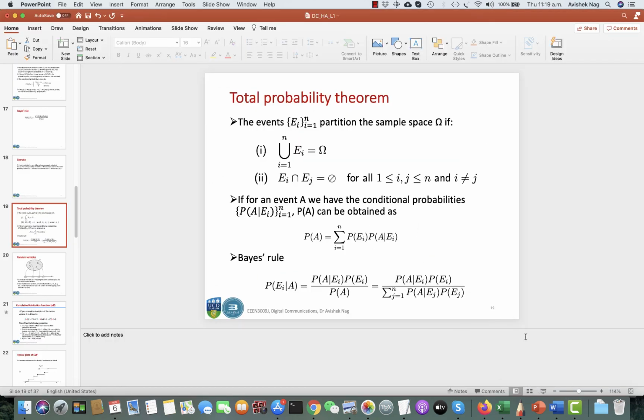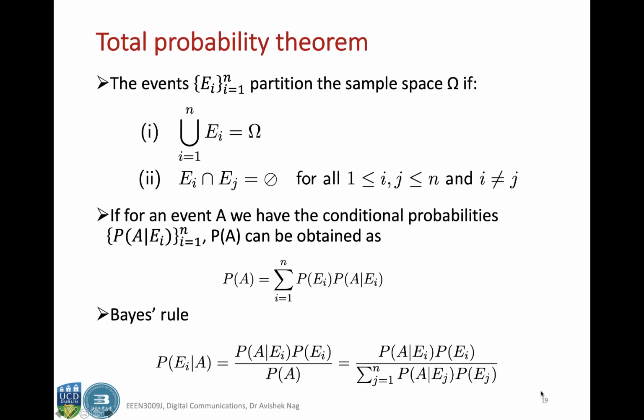mentioned here in this slide. So probability of A, if your A can be represented like this, then probability of A can be written as the sum of this, which I just showed how to write, if all these Ei are mutually exclusive and any event A can be represented by the conditional probabilities of A given Ei.